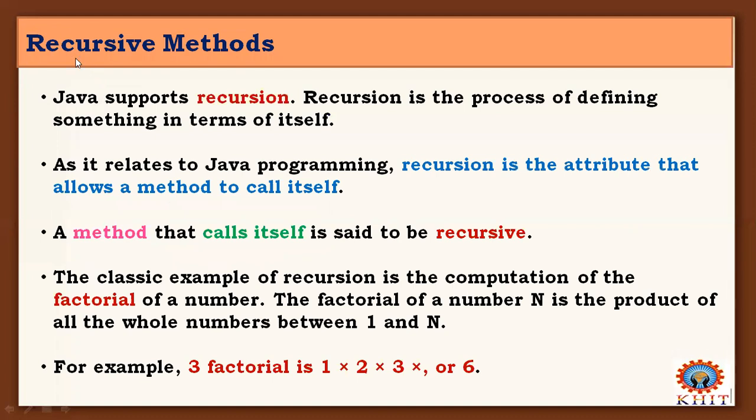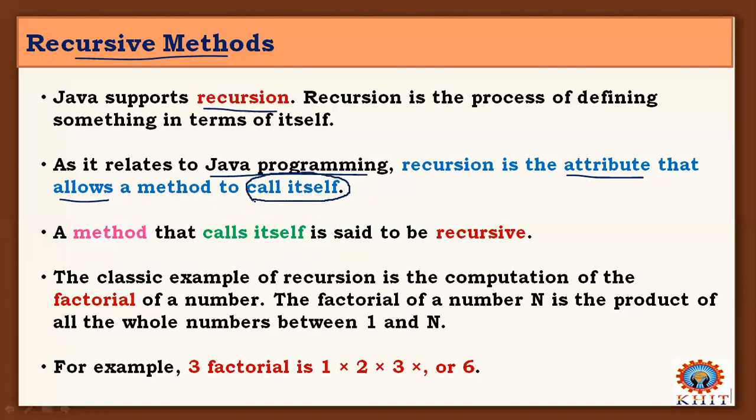Coming to topic 1, recursive methods. Here, Java supports recursion as usual. Recursion is the process of defining something in terms of itself, which means a recursion process consists of a method calling itself. In Java programming, recursion is an attribute that allows a method to call itself.